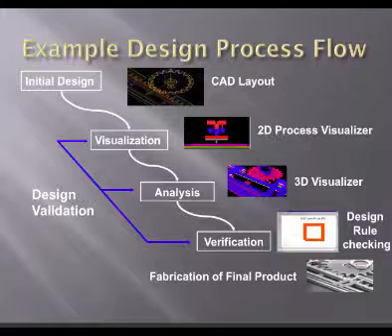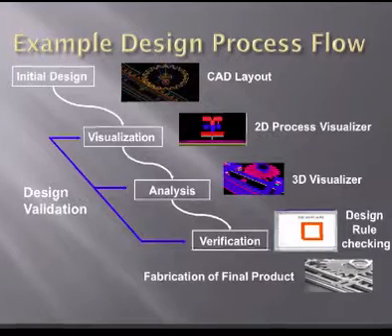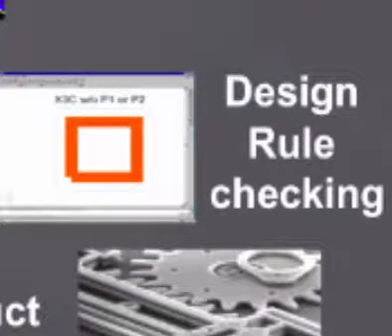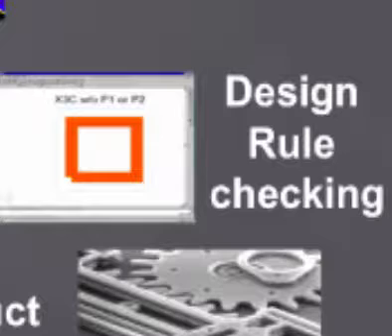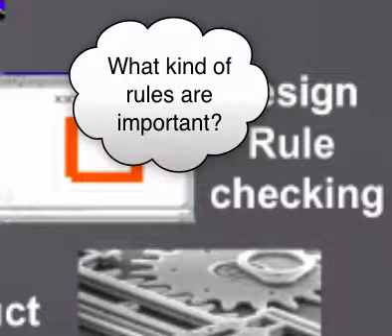And then once we think we got a working part, or what will be a working part, then we do design rule checking. And we do that usually throughout the whole process. So design rule checking, you want to make sure that you're not breaking any of the process rules. So what do you think is important when you're designing? What kind of rules do you think we have to adhere to?